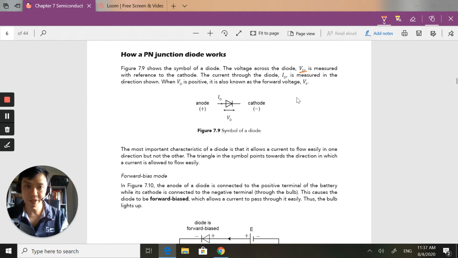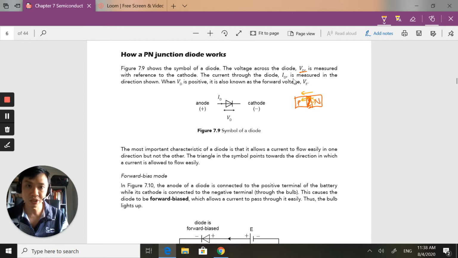Now remember, if I have a P-N junction, a depletion region is created, right? If I want more of the negative charges to cross over into the positive charges, they need some form of energy to pull them across.